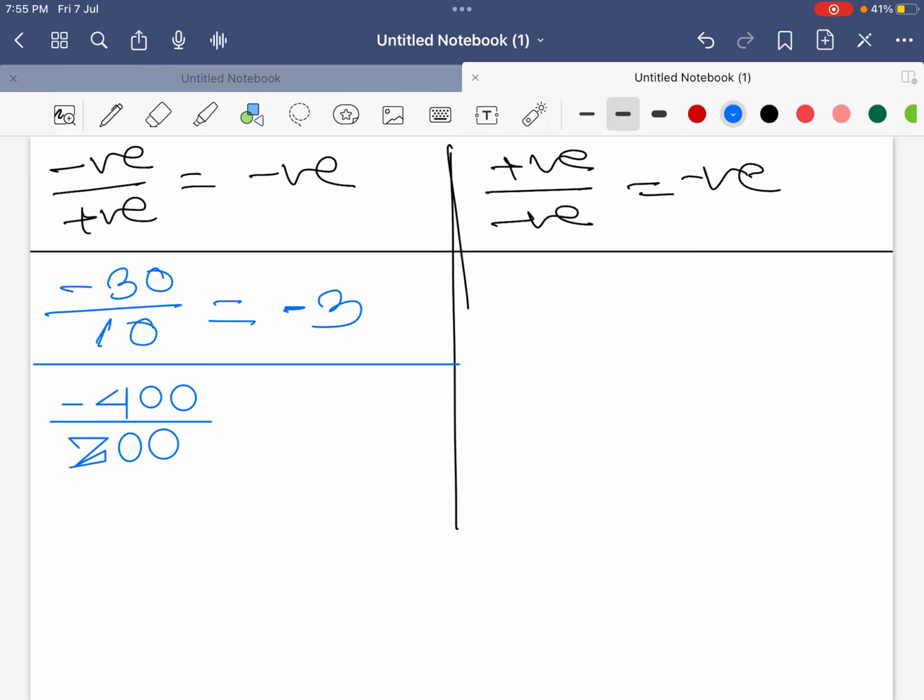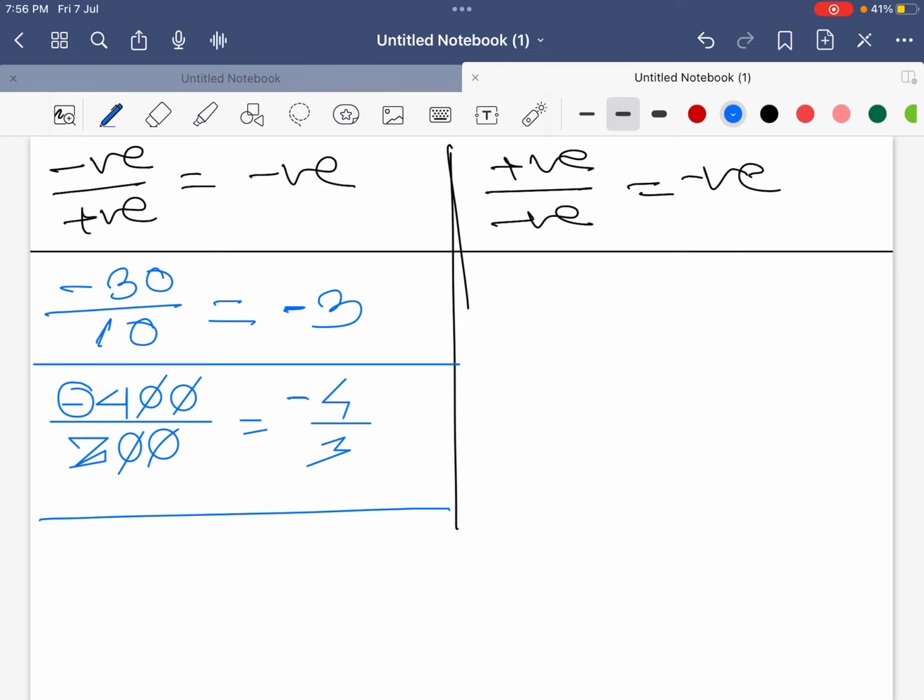So we know that the 0 0 will cancel with each other, so the remaining term is only 4 upon 3. So what is the remaining term? 4 upon 3. And because of this minus, your answer will be negative.